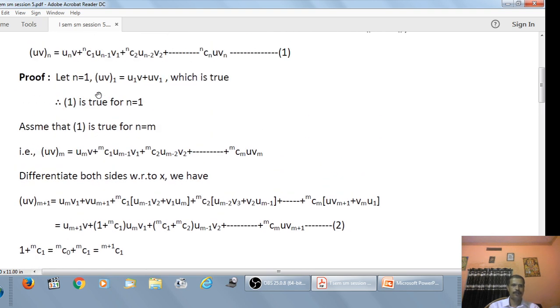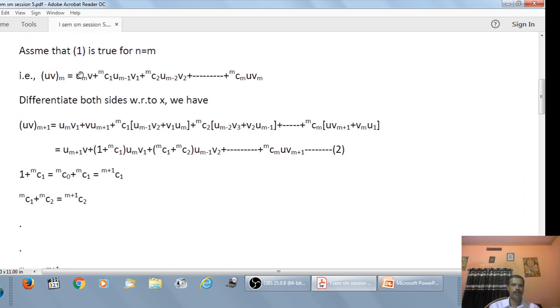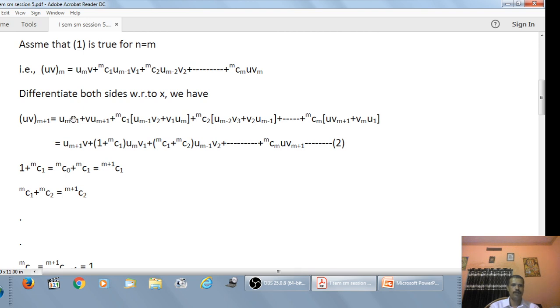Collect the terms accordingly, because in the RHS I should get the format where n is replaced by m plus 1. In the first term, it will be u_(m+1) v. So collect u_(m+1) v. Here it is u_(m+1) v plus.